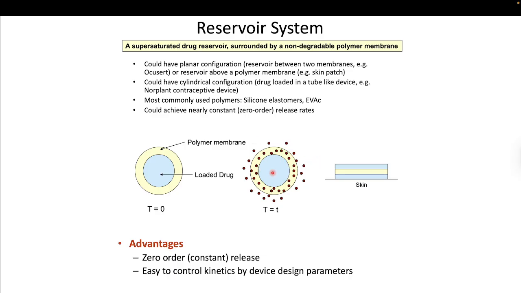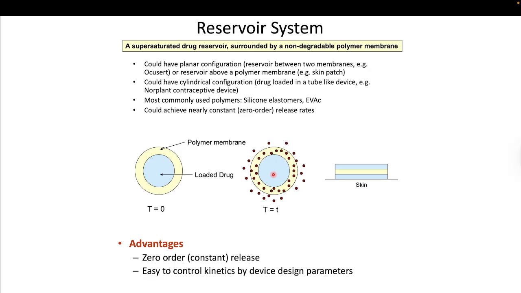So the drug will flow from this saturated core to the outside. The advantage of the system is that it has a zero order release. Zero order release means the rate of release will be governed by how the drug is flowing out of this particular system. So it will have a constant drug release.